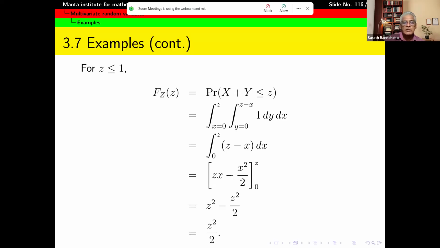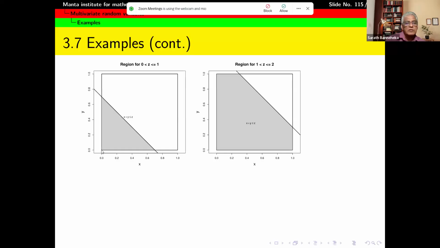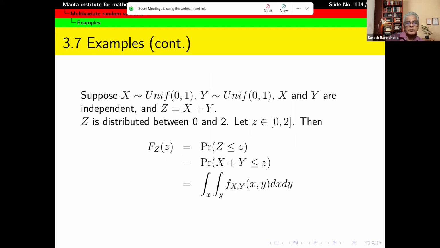When you do that, you get z square over 2. This length is z and this length is also z, so the area of this triangle is z times z divided by 2, z square over 2, and the volume under the surface is just that multiplied by 1. That's what you're supposed to get.